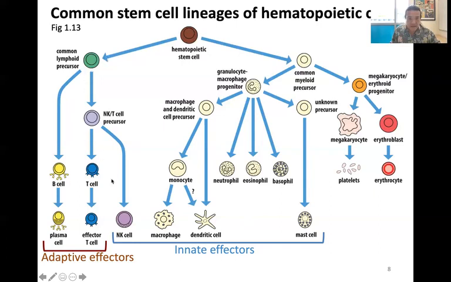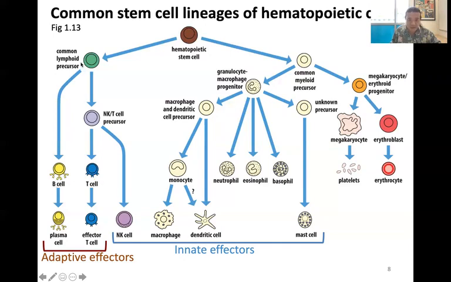So here you can appreciate, as I said before, the natural killer cells actually represent sort of the first cells that evolved towards this adaptive side. So this common lymphoid precursor at first would just become this natural killer cell precursor and then become a natural killer cell, right? Later in evolution, this green common lymphoid precursor learned evolutionarily how to also become things like B cells and T cells.